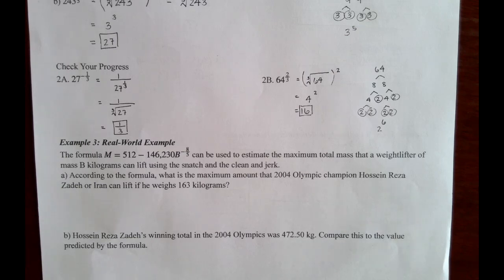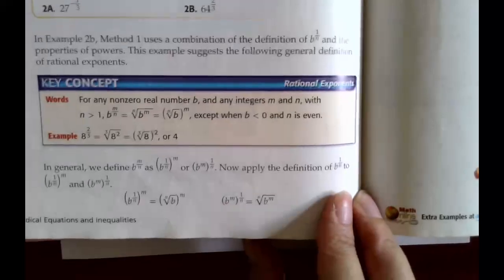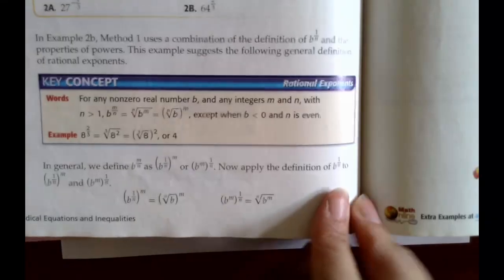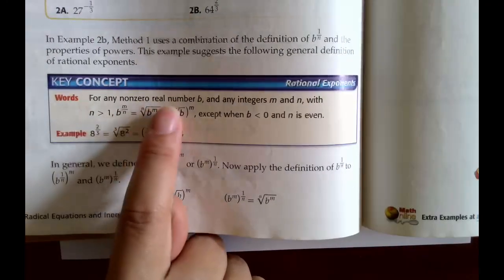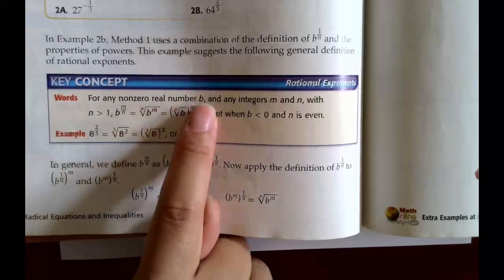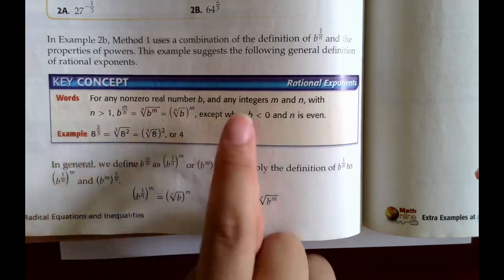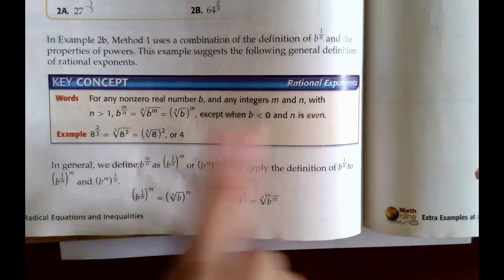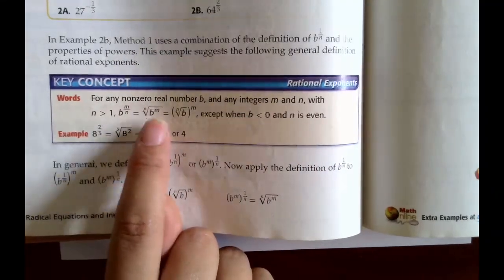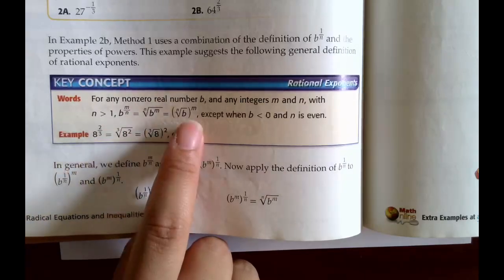But actually, before we get to that, let me bring us to the book here. One thing we know about rational exponents: for any non-zero real number b, so if our root here is not 0, and we have integers for m and n, we can rewrite it. So again, these are the two ways we can write it.